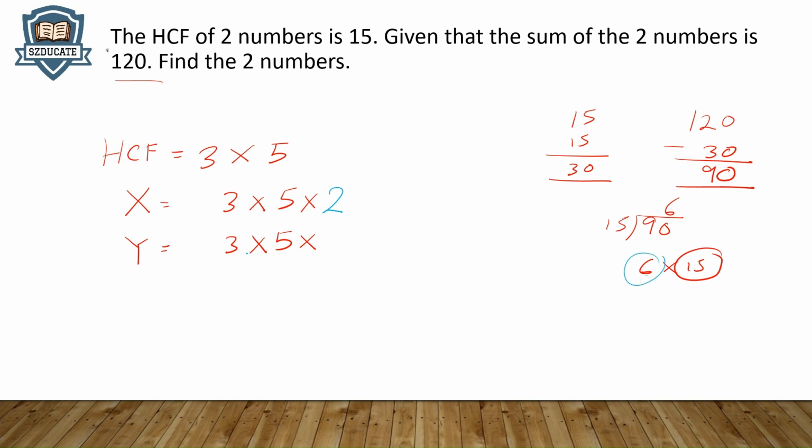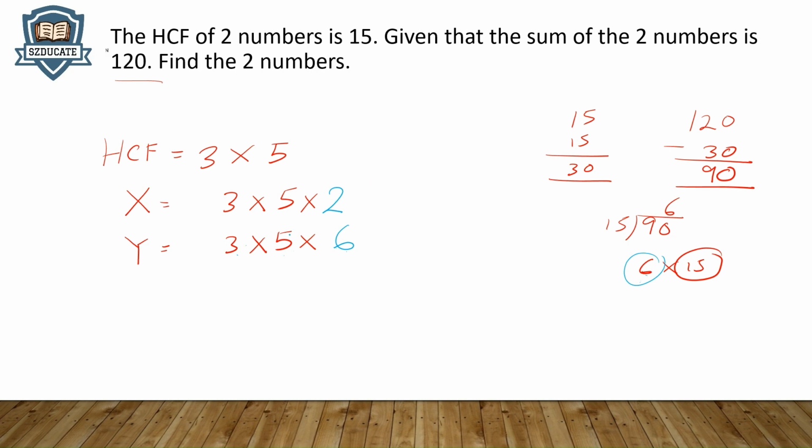I have to allocate 5 more to Y. That means my Y I must times 6. 3 times 5 times 6. It will satisfy the 120 because 3 times 5 times 2 is 15 times 2, 30. 3 times 5 is 15. 15 times 6 will give you 90. 90 plus 30 is 120.